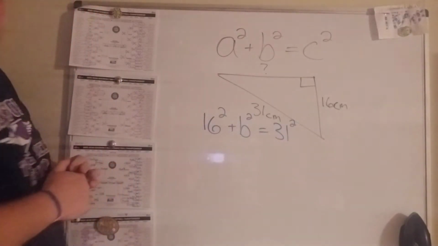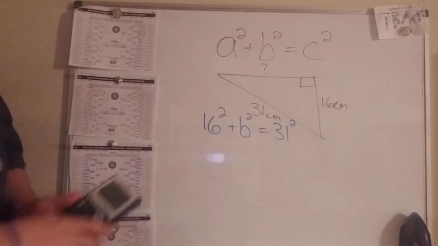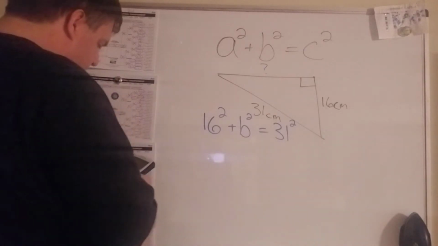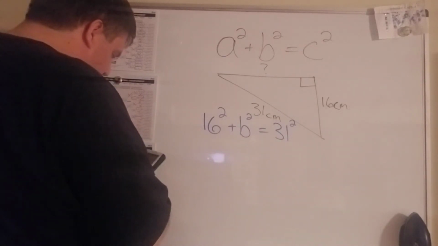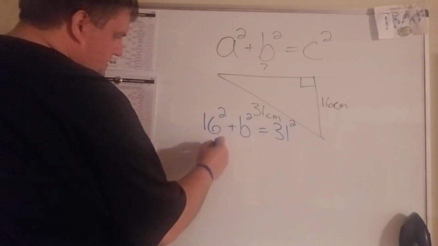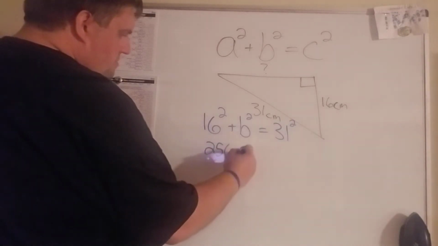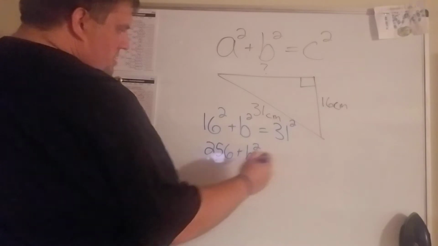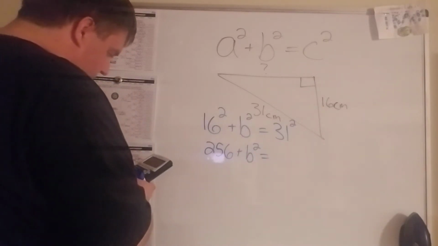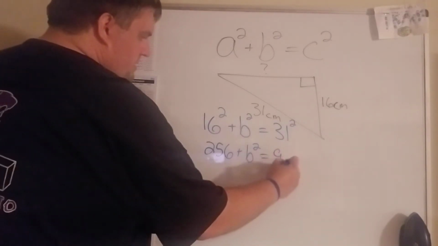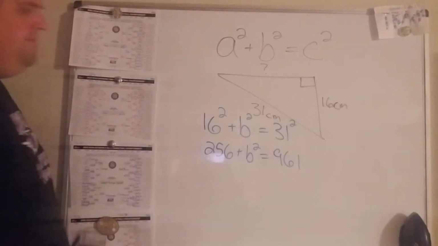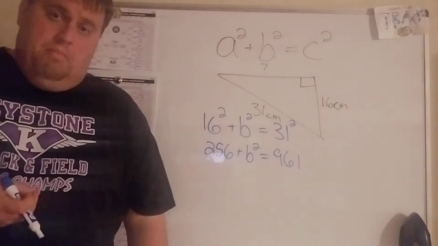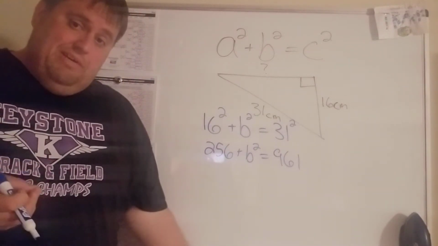Now, for the most part, it's not going to change much about this problem, right? So 16 squared, we get 256. 31 squared, I don't know that one. 961. Okay? But now is where it gets a little bit different.